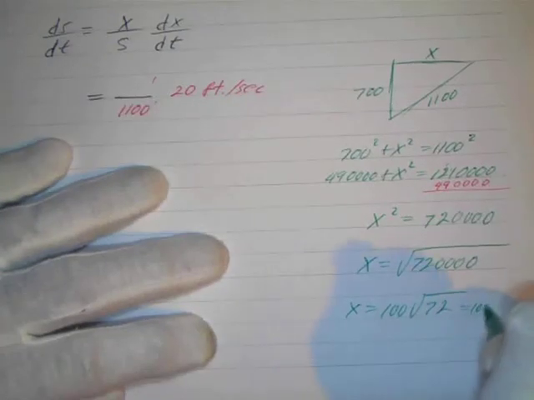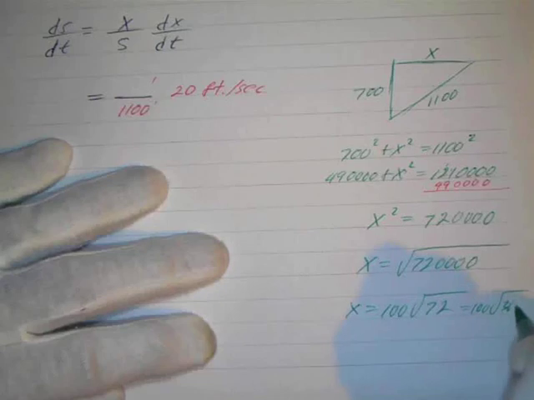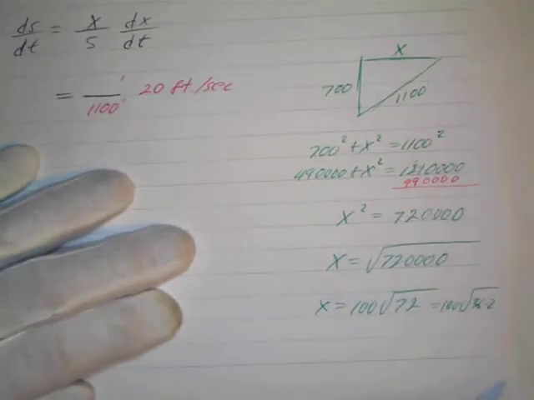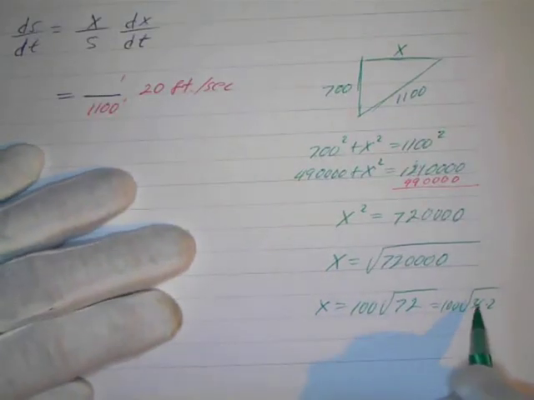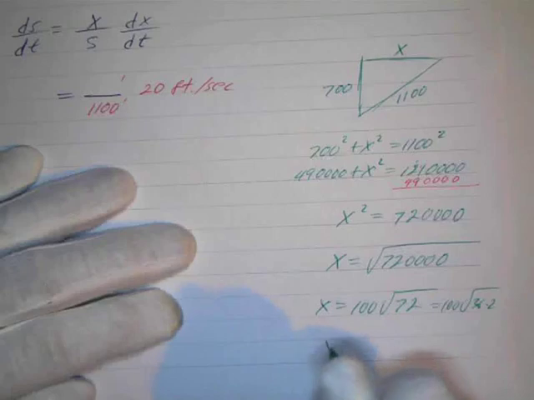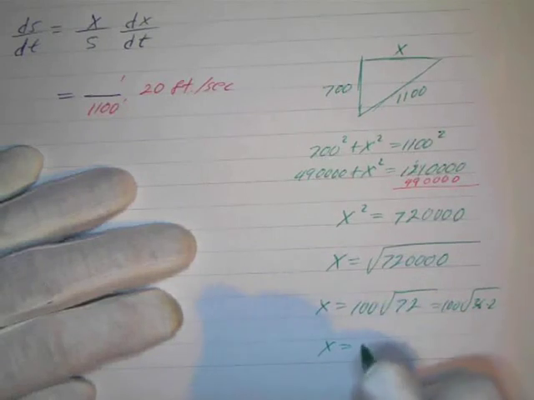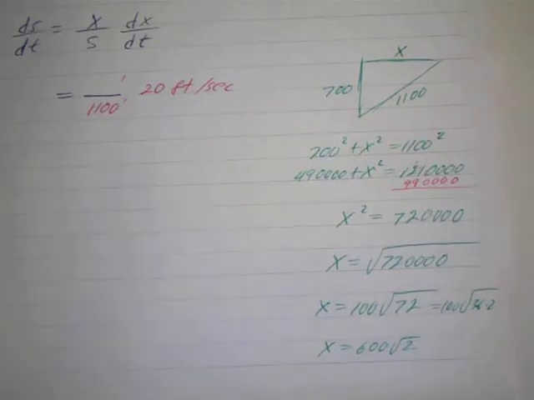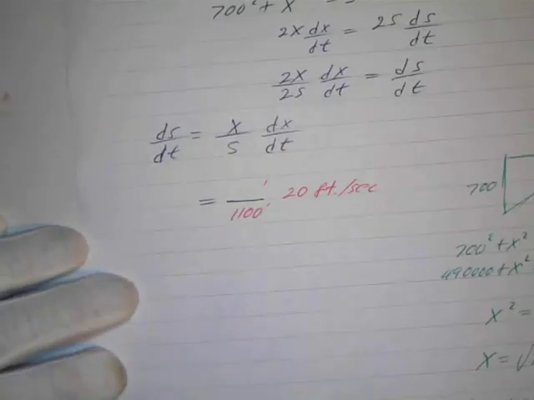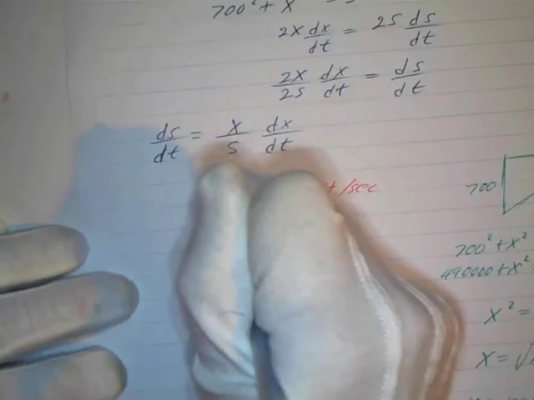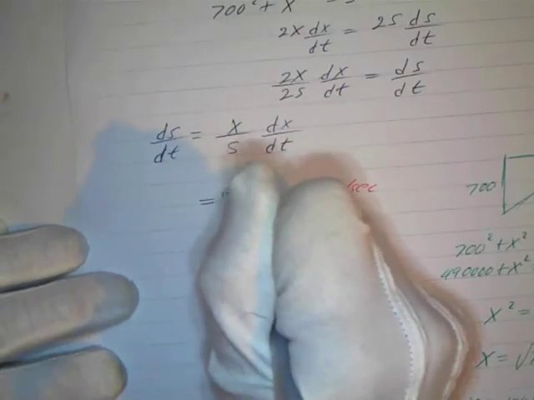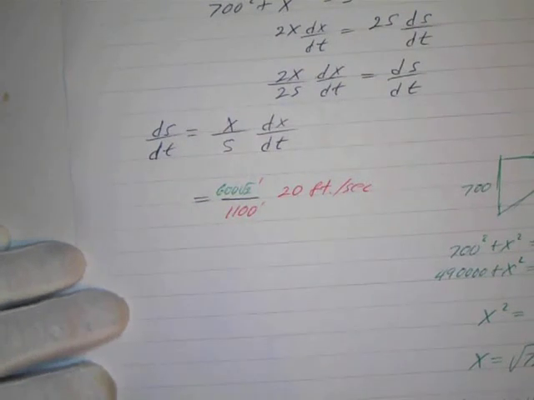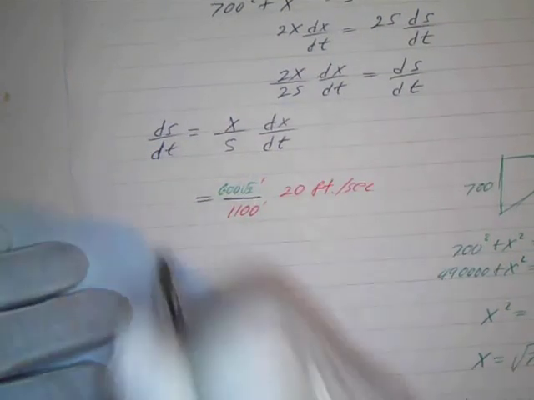That's 100 times the square root of 36 times 2, and the square root of 36 is 6. So x equals 6 times 100, which is 600 times the square root of 2. That isn't too bad. So that goes over here: 600 times the square root of 2, and that's going to be my ds/dt, excuse me, my x.